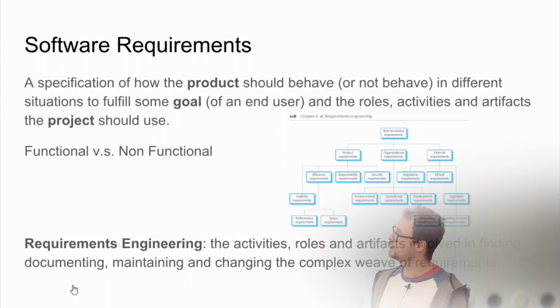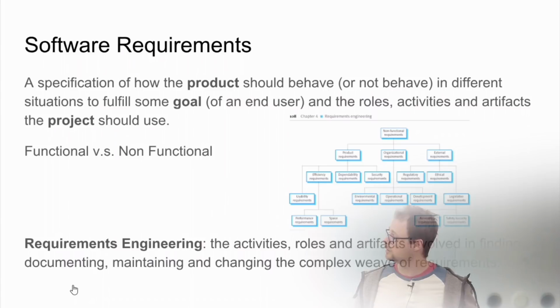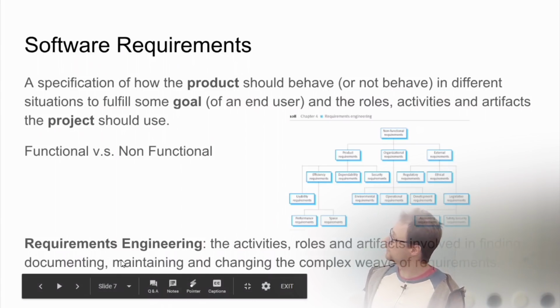All these can also be regarded as project requirements. Anything that affects or decides on how we need to work. Maybe we have some standards for the project that we need to fulfill. So that is one aspect of looking at the requirements.